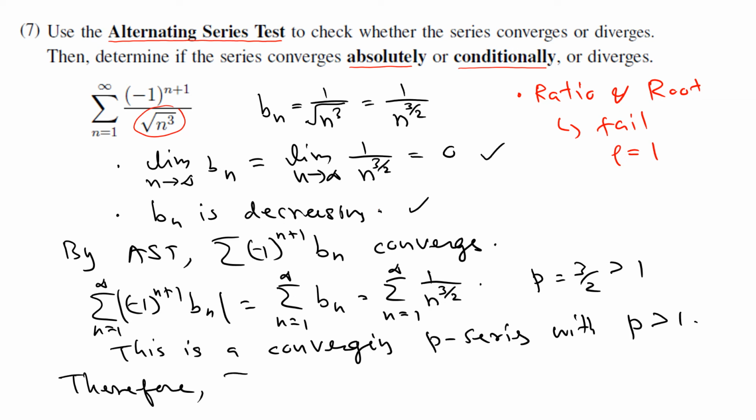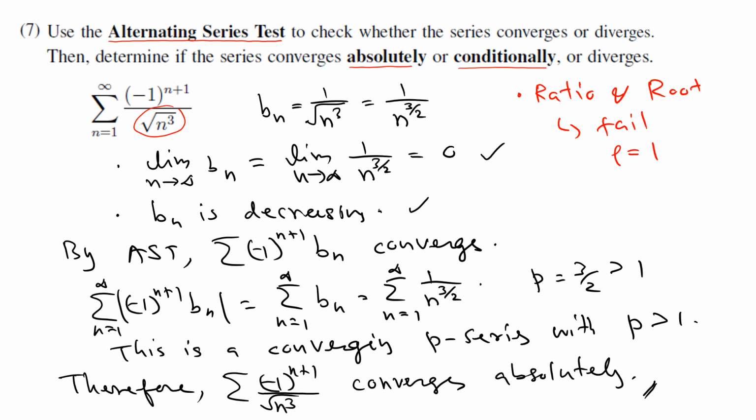Therefore, the original series of (-1)^(n+1) 1 over n to the 3 halves converges absolutely. Good. So that's the argument.